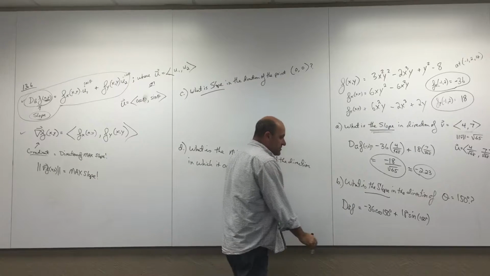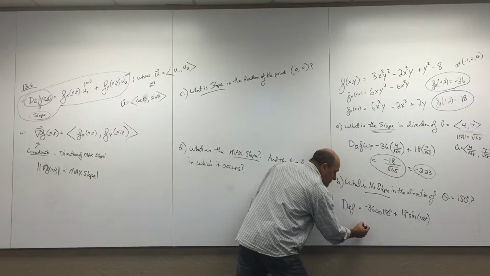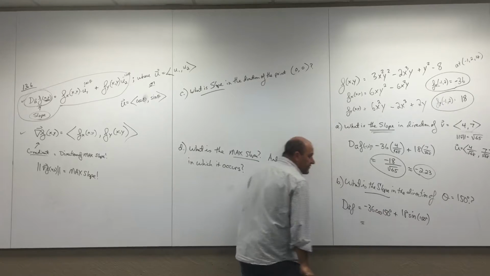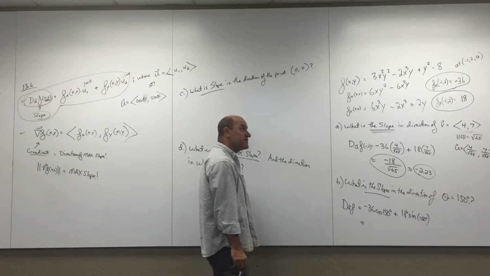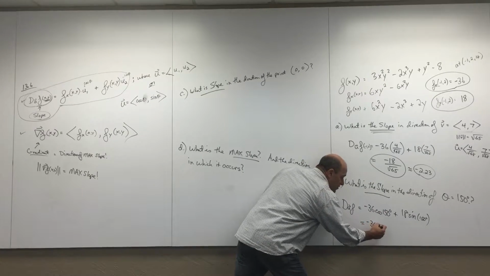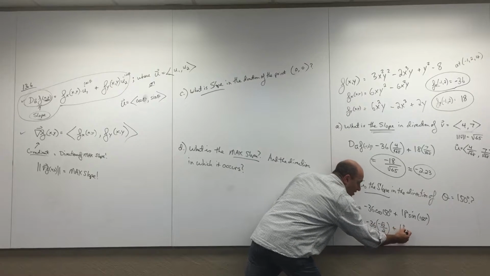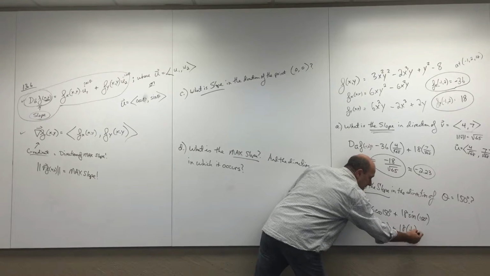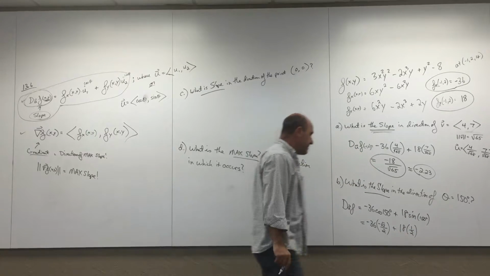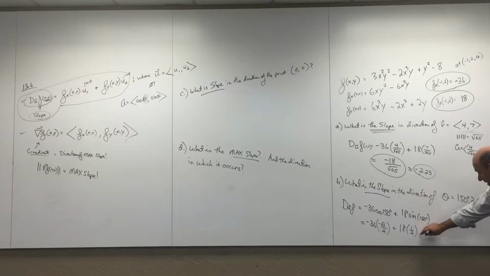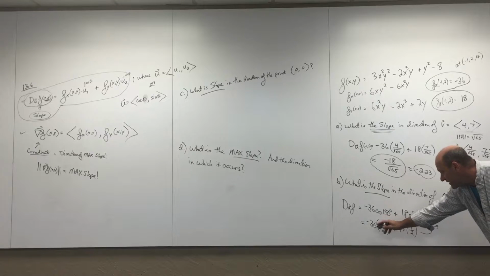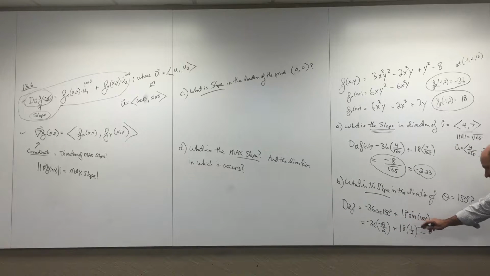Again, I like to do these numbers exactly. You guys sometimes punch it in your calculator. The cosine of 150 is over in quadrant 2. It's the negative square root of 3 over 2. The sine of 150 is 1/2. So that's 18 square roots of 3 plus 9.